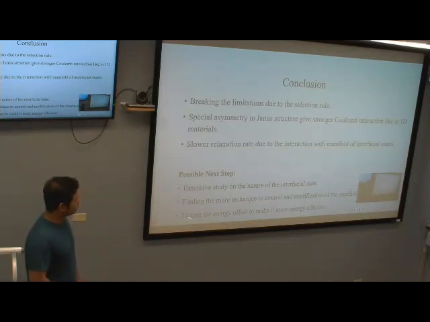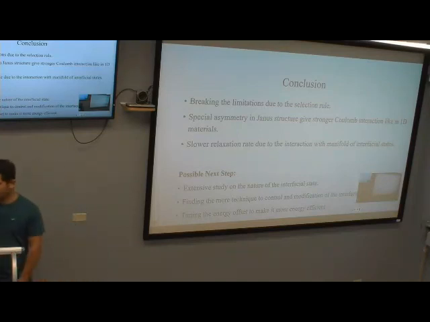Another thing is changing the energy offset to make it more energy efficient, because we need to look at the area of the interfacial state as well as the size. If the shape is like a pancake, we can utilize more sunlight.